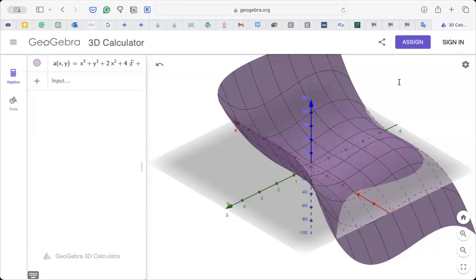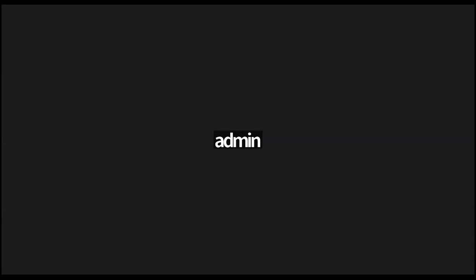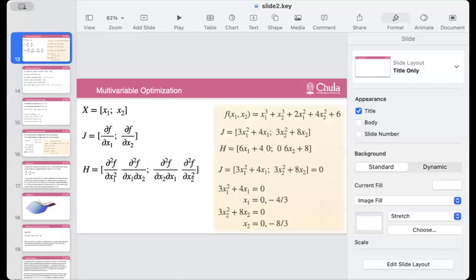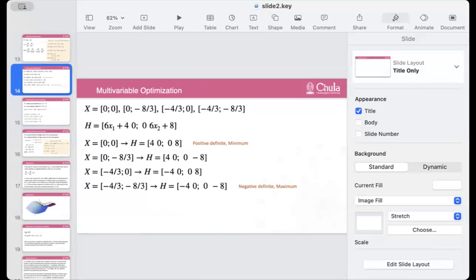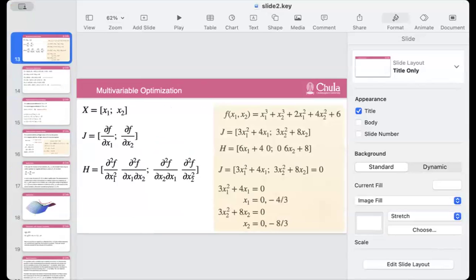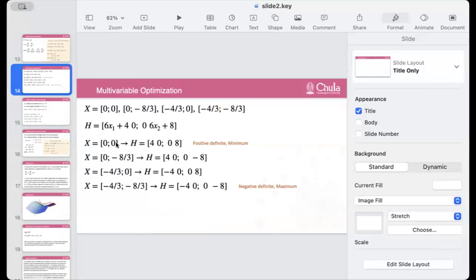So for this one, because we know the extreme point, let me show you the extreme point again. You see this problem, where's the extreme point? The extreme point is around here, from 0, 0.